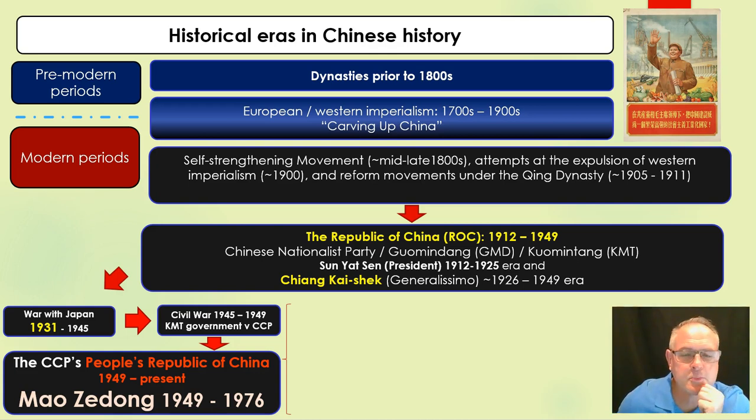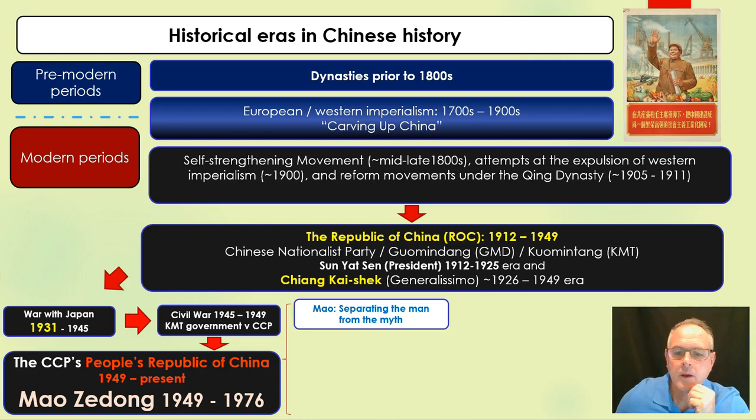So let's break this period down again. When studying Mao, we need to be conscious of the man and the myth. Mao is surrounded by propaganda. Mao builds a cult of personality around himself, and we've got to grapple with that concept. So his achievements versus the myth of his achievements is really important.